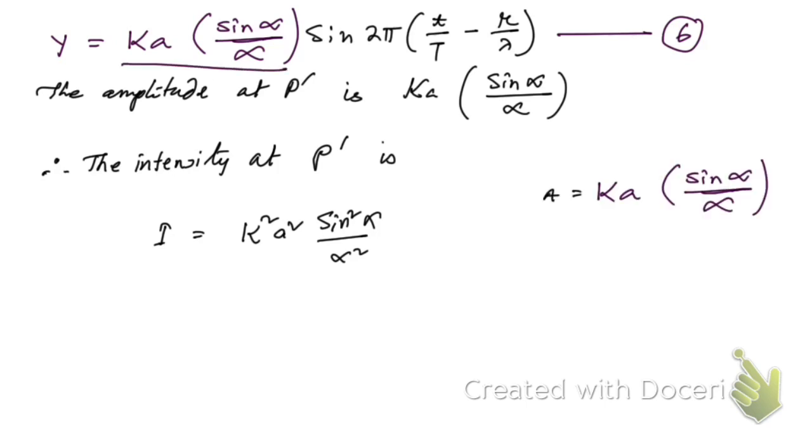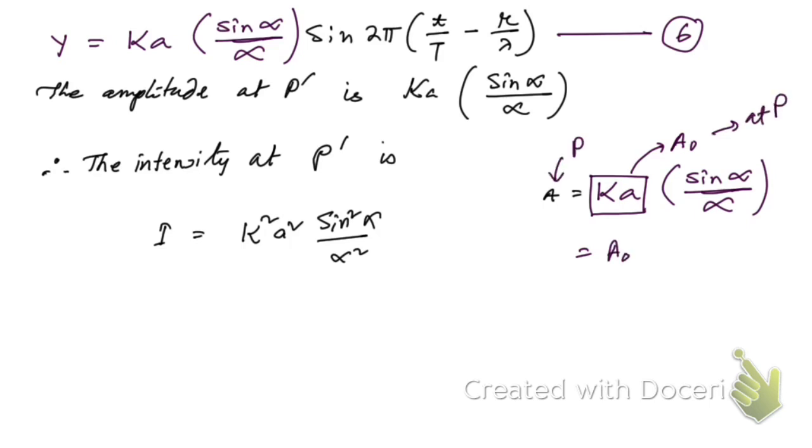This part is the resultant amplitude A, right? Now if this is the resultant amplitude, then this must give you the amplitude. This is suppose A naught. This is the amplitude at P, and this is the resultant amplitude at P dash. Okay, so sine alpha by alpha.